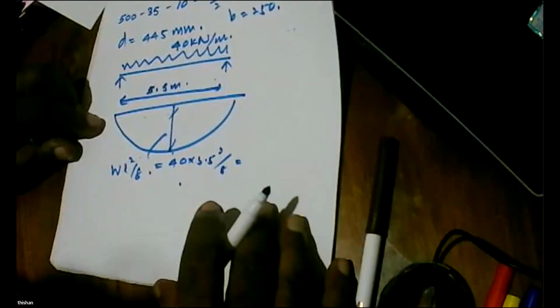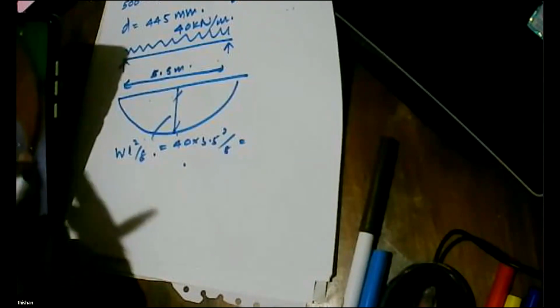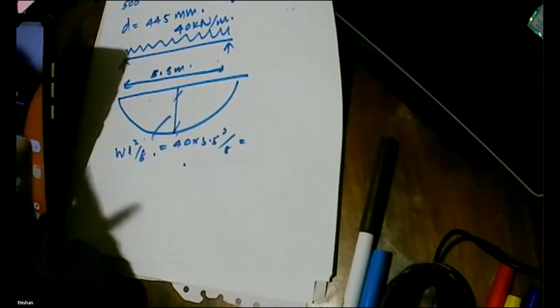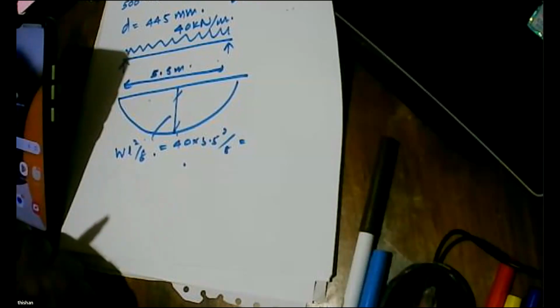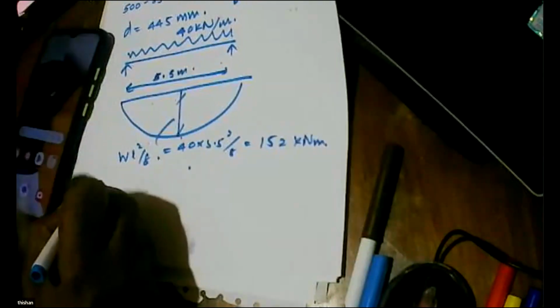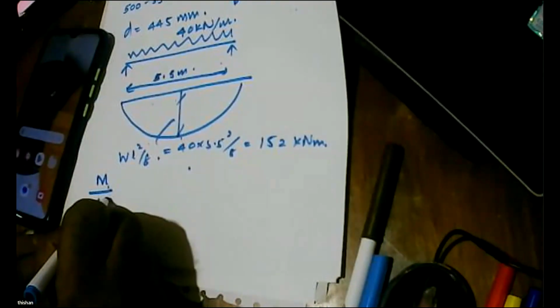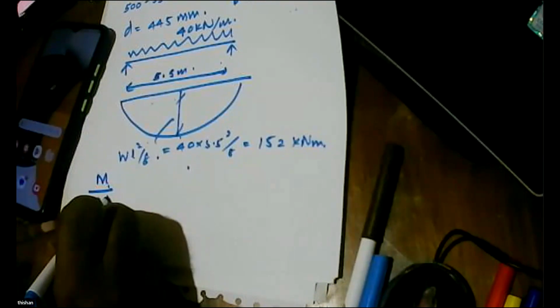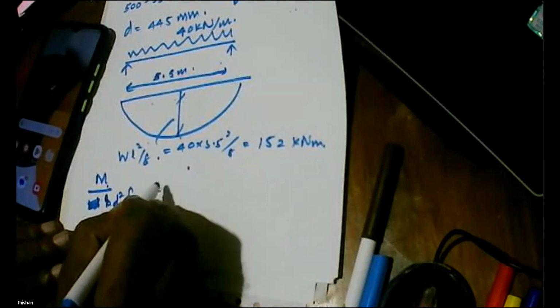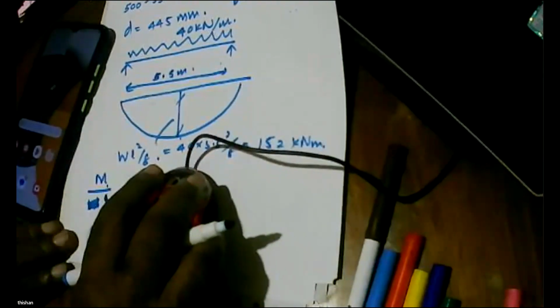Can somebody tell me what's the answer? 151.25, let's say 152 kilonewton meters. So we can find M over b d squared. Just one moment.